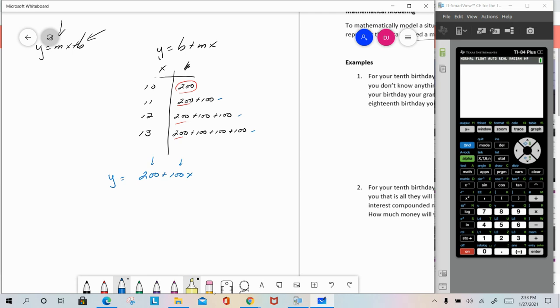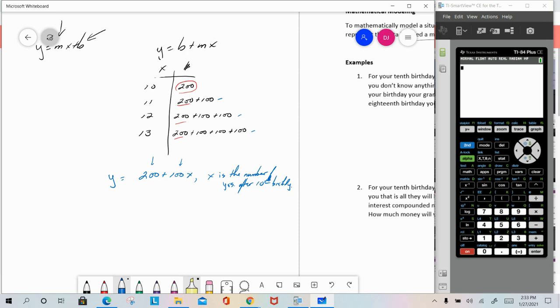It's also important to notice what x represents. x does not represent your age. x doesn't represent the year 2010, 2015, 2020, 2021. It doesn't represent any of those things. x represents the number of years after your 10th birthday.